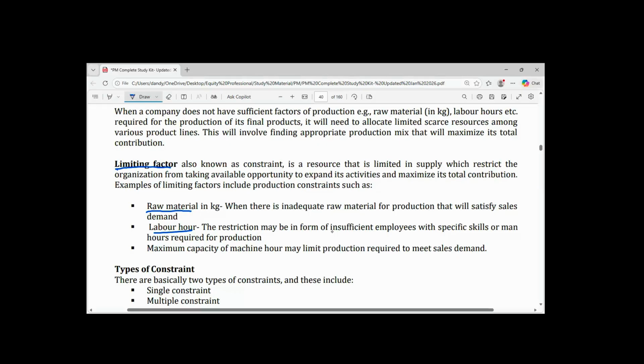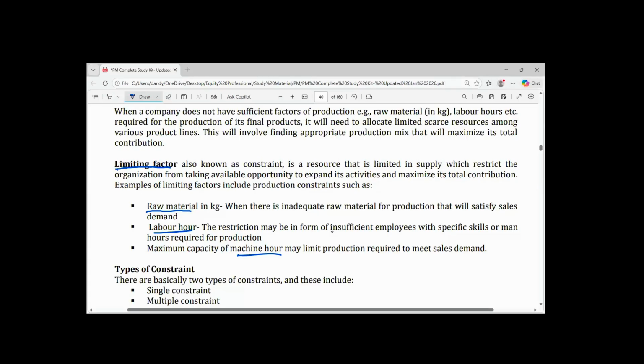Constraint can also arise whereby the maximum capacity of machine hours may limit the ability of the company to produce the required quantity of a product to satisfy customer demand. All these things are constraints that we are talking about because you don't have sufficient. So the little you have is what you want to allocate.